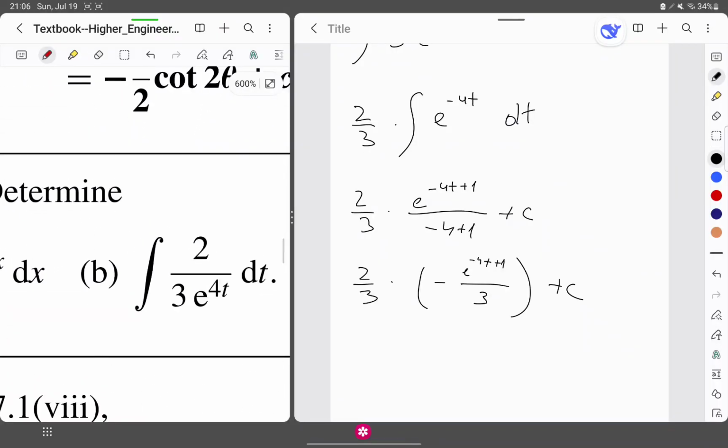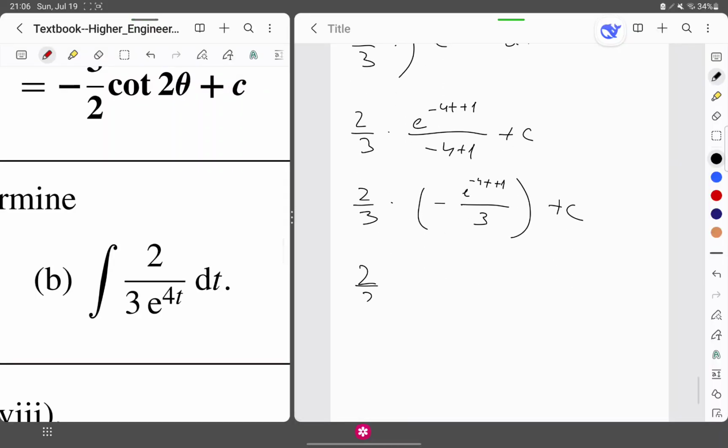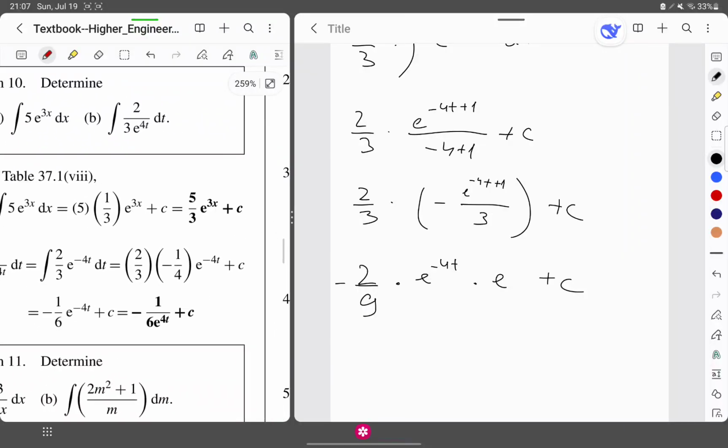I don't know that. Let's think about it. It means that negative 2 over 3 times e to the power of negative 4t times e over 3, and it will be 9 plus c. No, it's not.